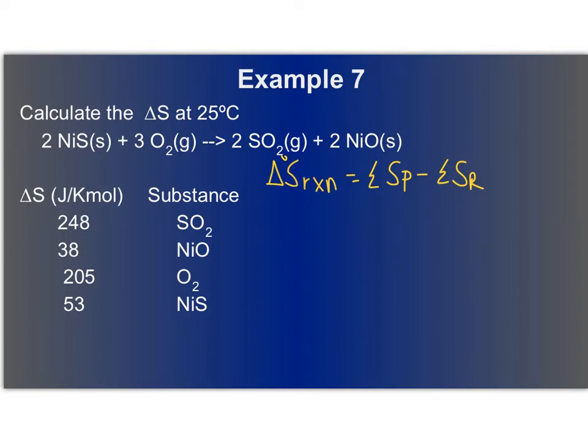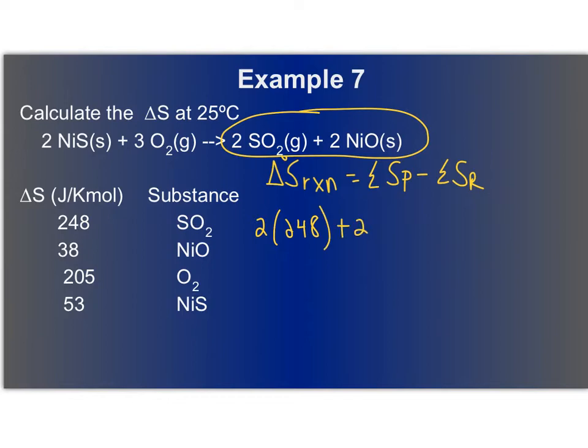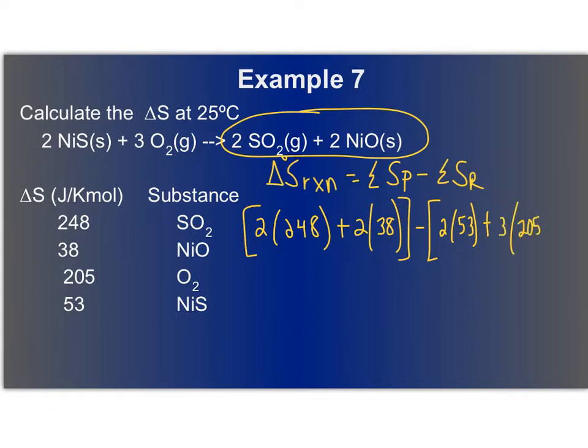Example 7 is going to be done the same way as example 6. We are going to start by looking at the products, and in this case right here we have 2 moles of SO2, which is 248 joules per mole Kelvin, plus 2 moles of nickel oxide, which is 38 joules per mole Kelvin, and we're going to then subtract the sum of the entropy of the reactants, which will be 2 times 53 plus 3 times 205.